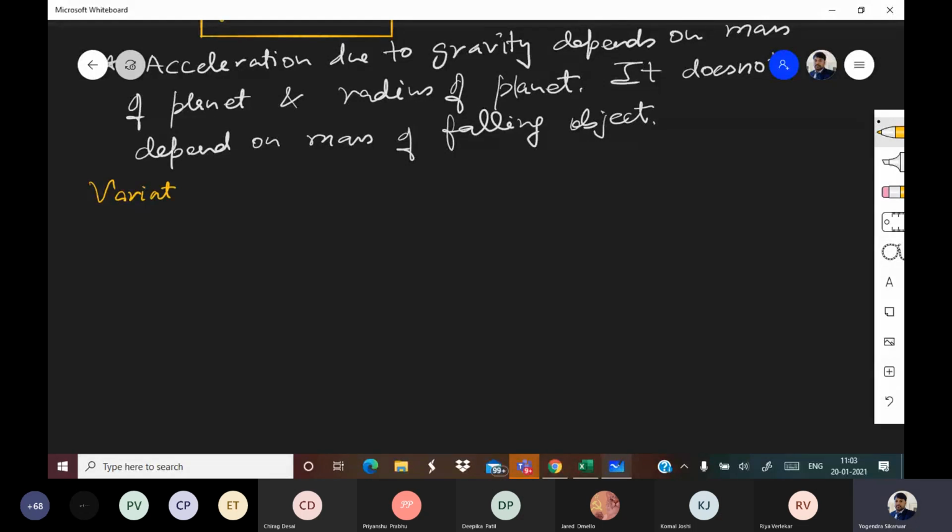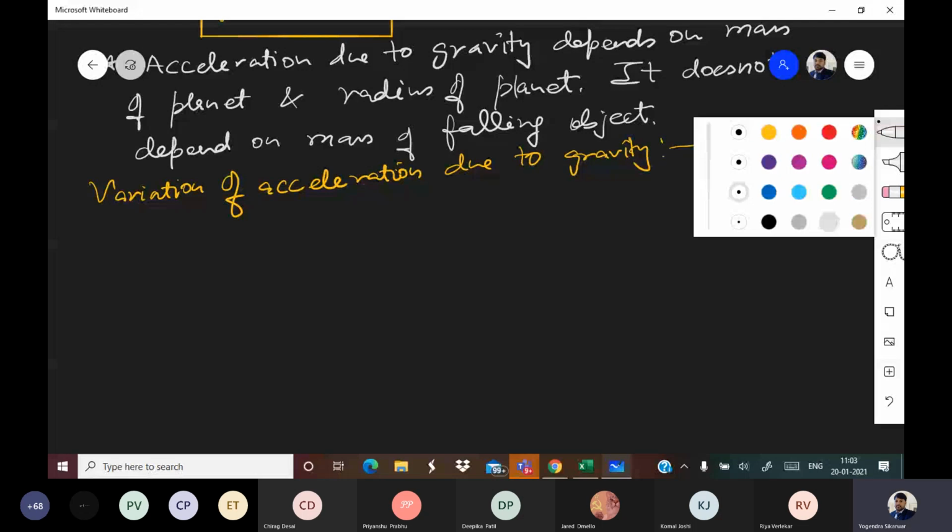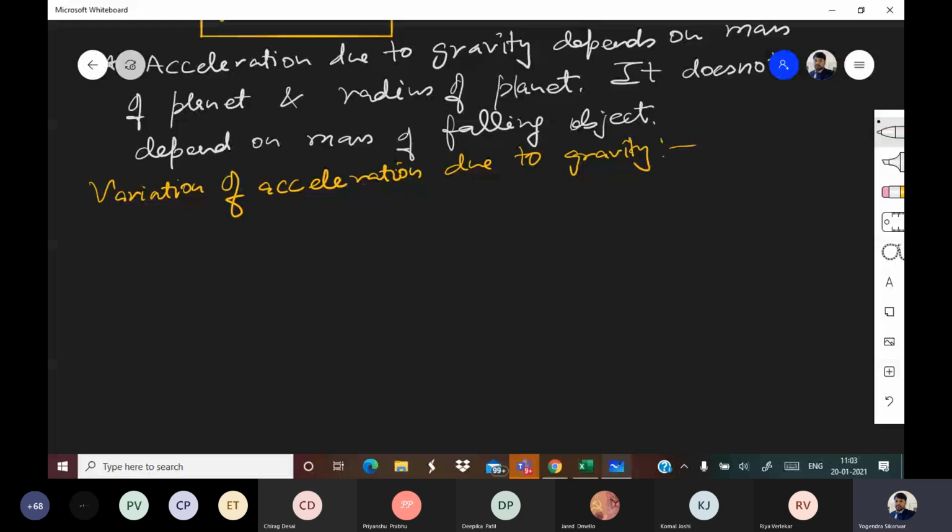So basically there are three crucial points on which g depends. So g varies with, number one, height from Earth's surface.